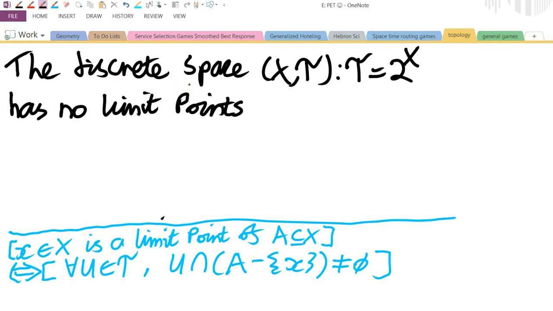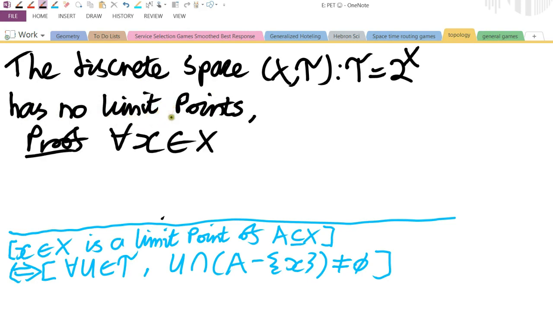Well, the point is that, for any point, let's just do a little proof of this. For any member of the discrete space, little x, the set containing x is an open set, and it just contains x.